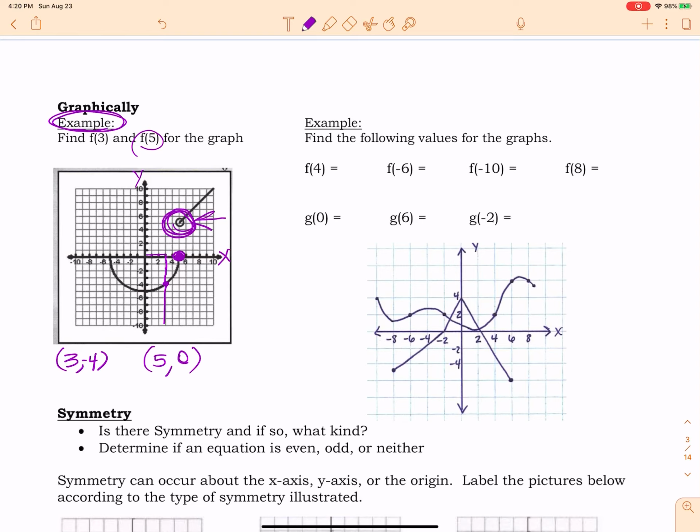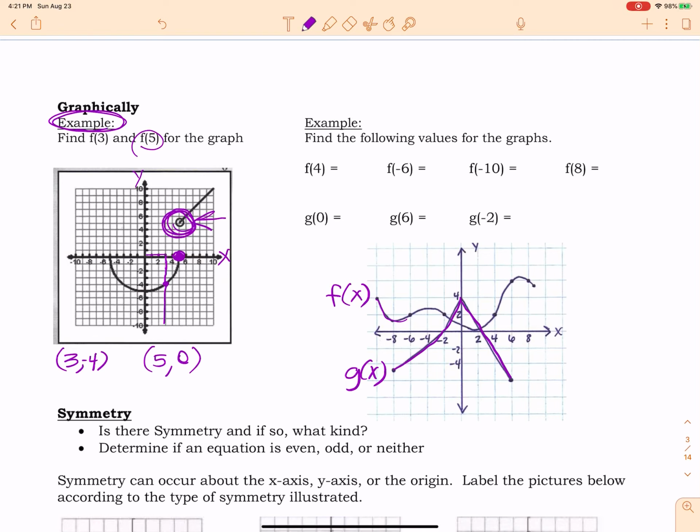Okay, so let's do the next example. We have two functions here, and I haven't labeled them, but I need to do that for you. So let's see. This curvy graph, this one right here, is going to be f of x, and the one that's got straight pieces, this one right here, that's g of x.